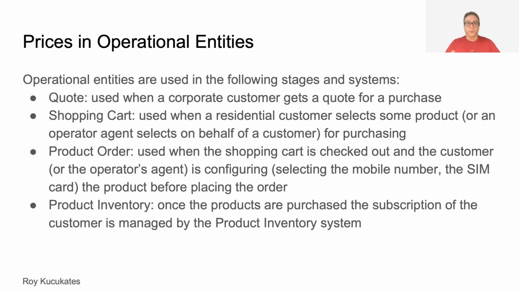Whenever you instantiate a product offering in any of these entities, it becomes a product. In that case, the product should have its own price rather than the product offering price. The quotes and shopping cart are used whenever you purchase your products or make some changes.